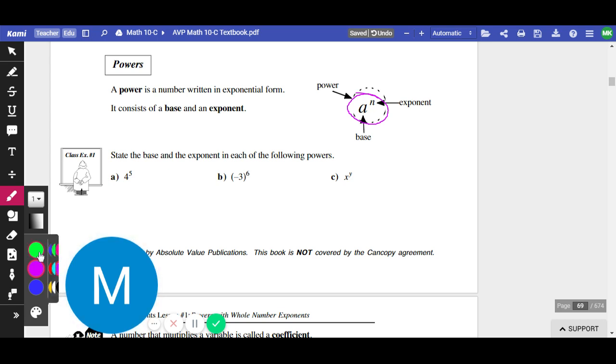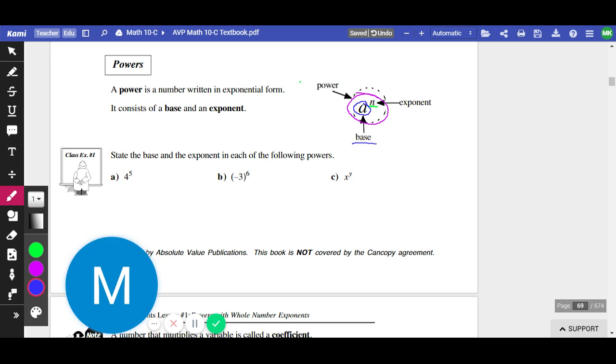The exponent is the little tiny number up here, which you're all very comfortable with, and you probably know that term. The term base we're maybe not so comfortable with. So the base of this thing is just the A. That's the base. And we are going to refer to the base. So I'll say things like they have the same base, they have a different base, and stuff like that. So you need to understand that base means the big number of the power.